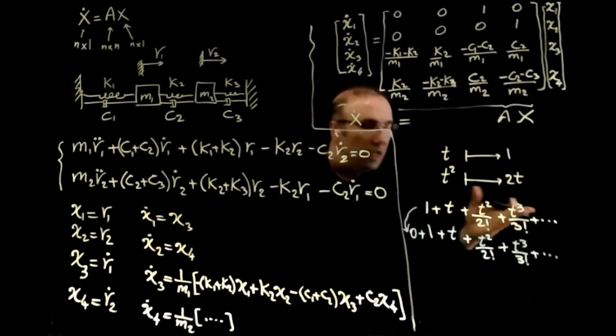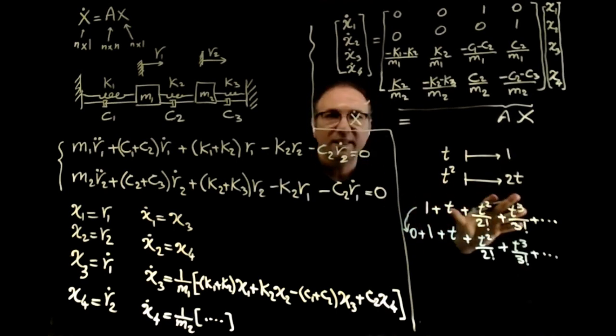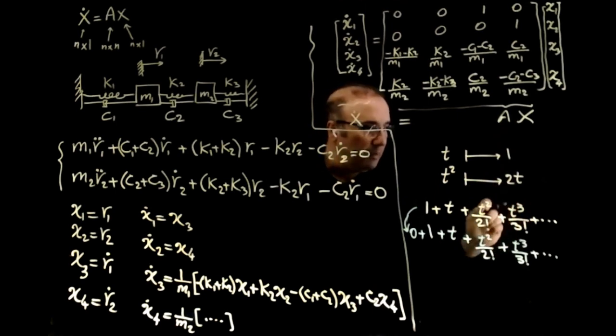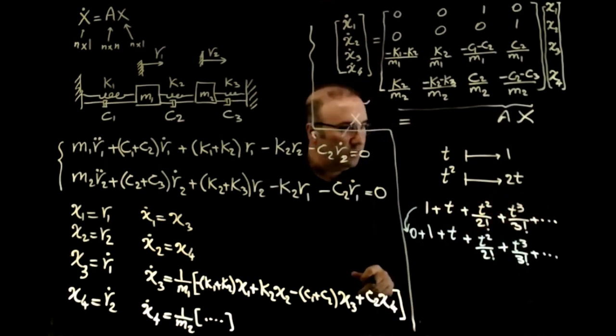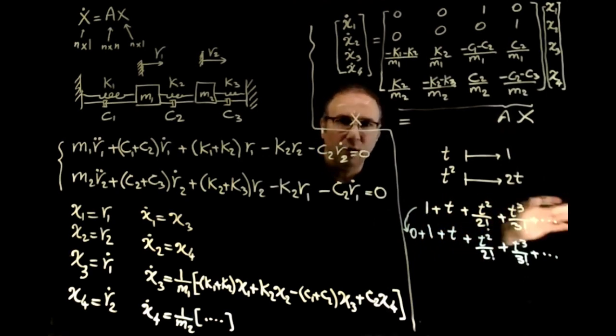Now you might think, okay, what if this becomes infinity? Well, it turns out that for each t, this is a well-behaved function, meaning that it converges. These terms go to 0 very rapidly because the factorial blows up way faster than the power. So this would go to 0 in such a way that the whole thing converges. So it is well-defined. And when we plug in t equals 1, we get 1 plus 1 plus 1 over 2 factorial, 1 over 3 factorial, and all the other terms.